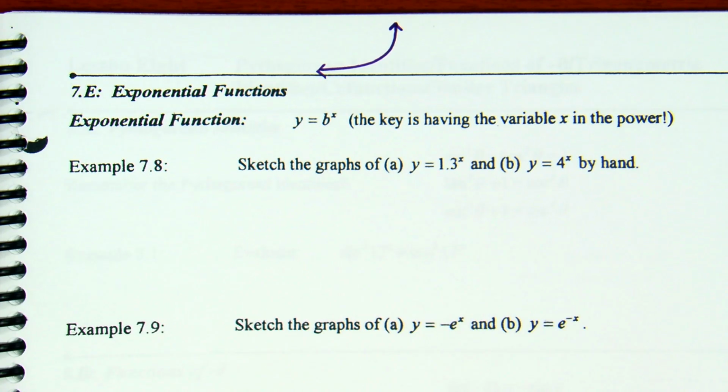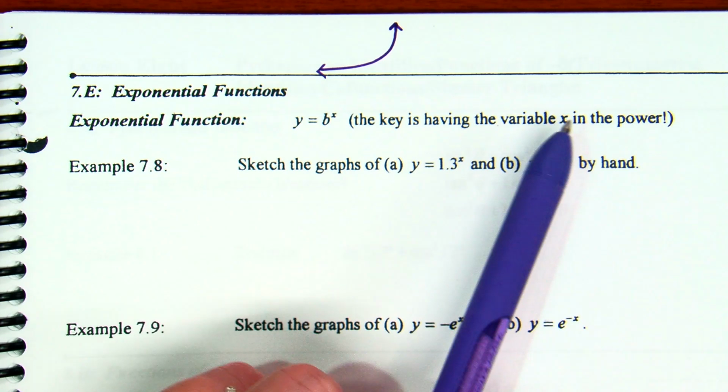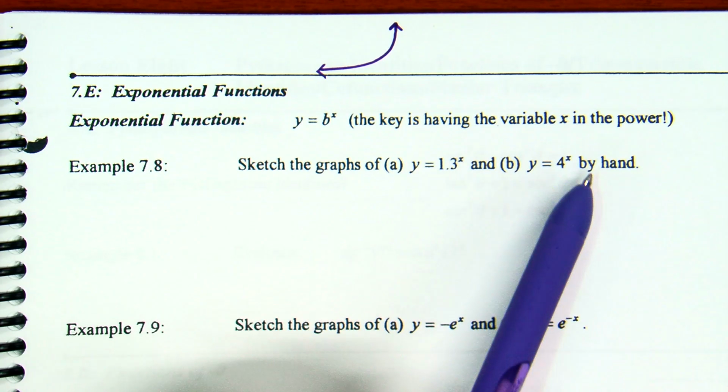Okay, so exponential function means the x is in the power, right? The variable is in the exponent. So y equals b to the x. b could be any number, including e. Sketch the graphs of y equals 1.3 to the x and y equals 4 to the x by hand. So, quick little sketches here.